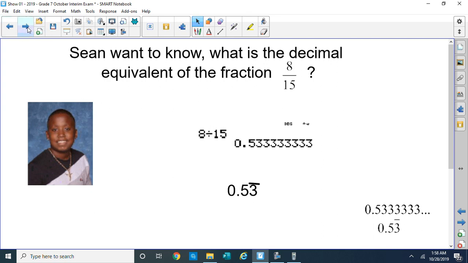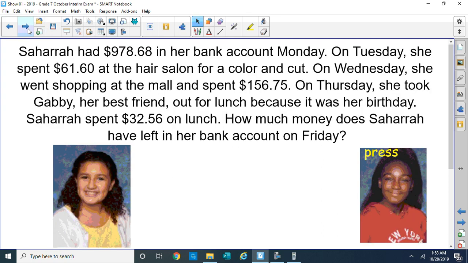All right, here's our next question. Sahara had $978.68 in her bank account on Monday. Good money, Sahara. On Tuesday, she spent $61.60 at the hair salon for a color and cut.